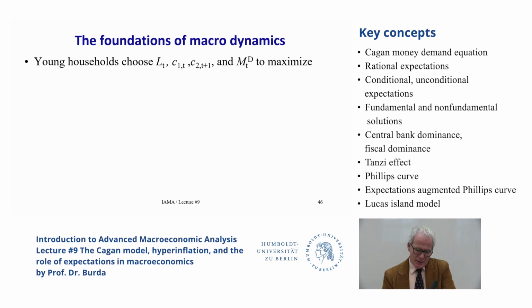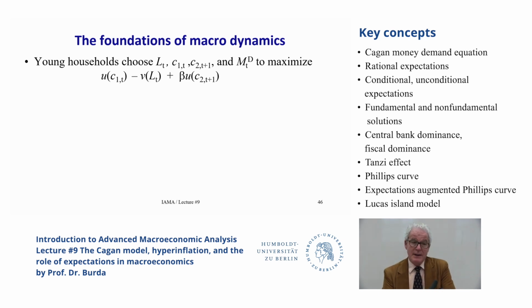So the households now choose their consumption when young, consumption when old, their labor supply when young, and the cash holdings that they will acquire, i.e. not spend on consumption today, to allow them to consume tomorrow. So the money is purely a vehicle for savings, as in the Samuelson model. It's not used, strictly speaking, for transactions today; in this model, it's used for transactions tomorrow.